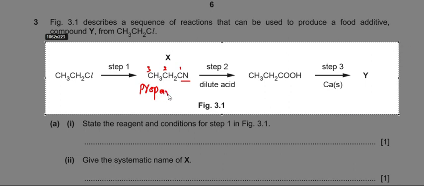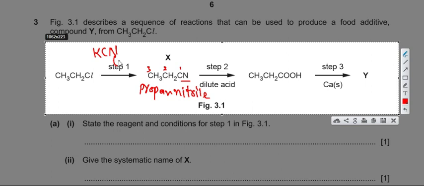This is propane due to these 3 carbon atoms, and as there are carbon to carbon single bonds, it is ane, and the ending will be nitrile. So I'm writing here nitrile. So how is the halogenoalkane converted into propane nitrile, or any alkane nitrile? This could be done by adding potassium cyanide dissolved in ethanol, and additionally we provide heat, or you can write heat under reflux.